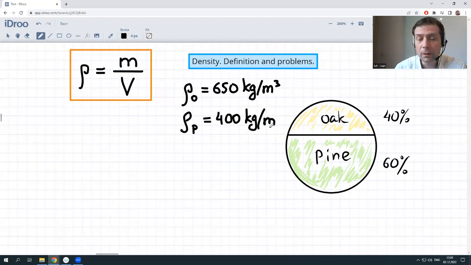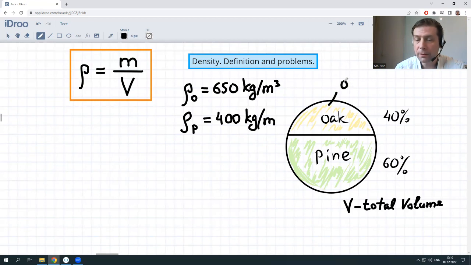Now let's say that the whole volume is just V, the total volume. That means 0.4 V is the oak part, and 0.6 V is the pine part.